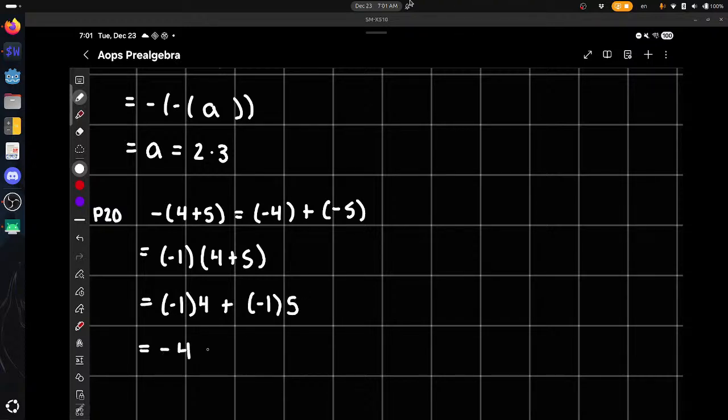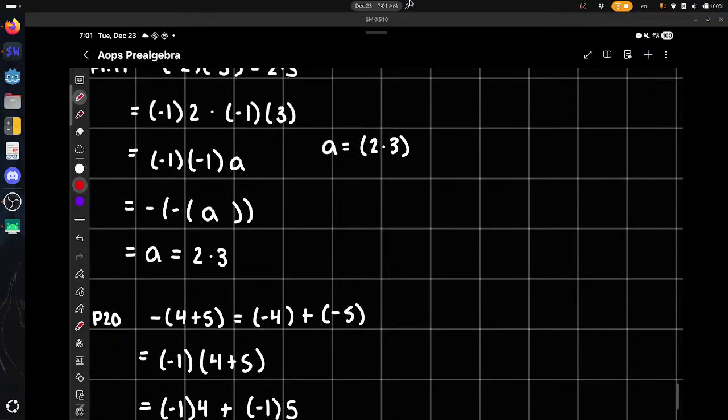Which is negation 4 plus negation 5. I keep on saying negative, like, come on. It's negation 4. Okay, that's all the problems.